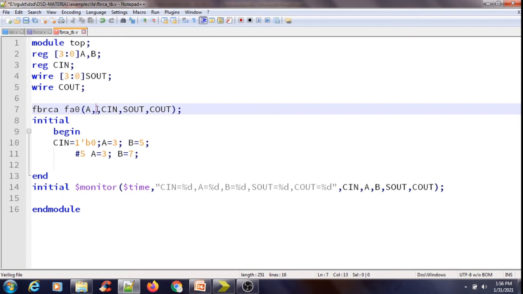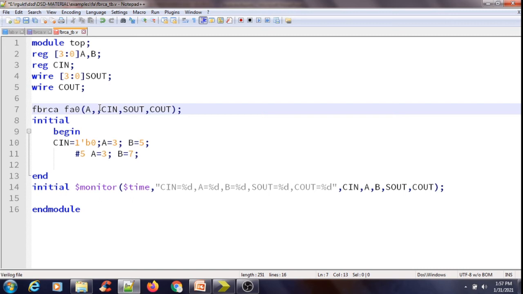Verilog accepts this, but you have to maintain one space between the two ports A and C in. That means these two ports should be separated with two commas, so in between I can skip. The Verilog compiler understands that there is some port that is skipped by the designer, that means the designer has left out writing or mentioning that port name.